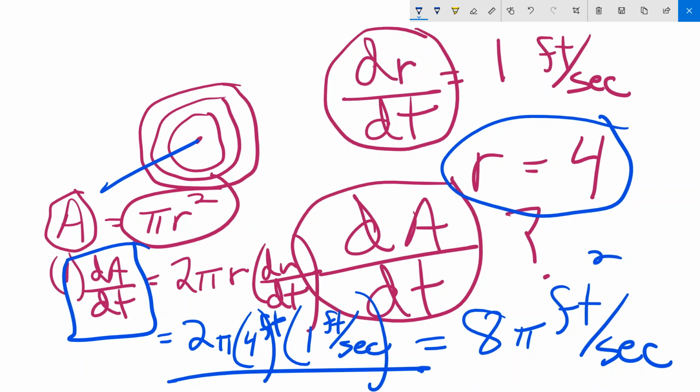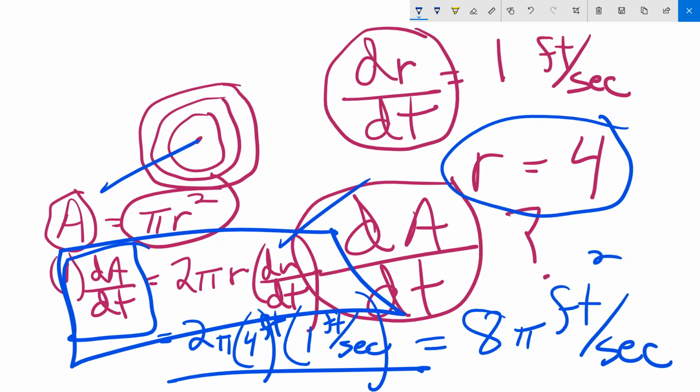The first step is always to implicitly differentiate that, and then you plug in everything you know. As long as I know everything except for one variable in the equation, I can solve for it.